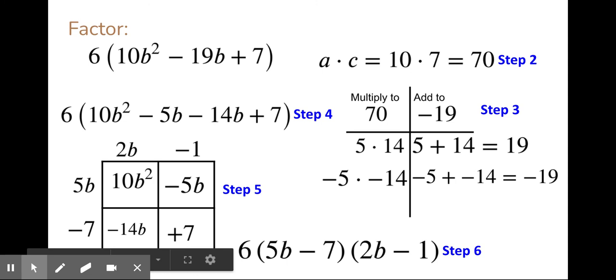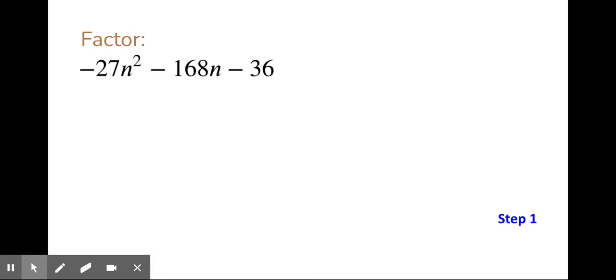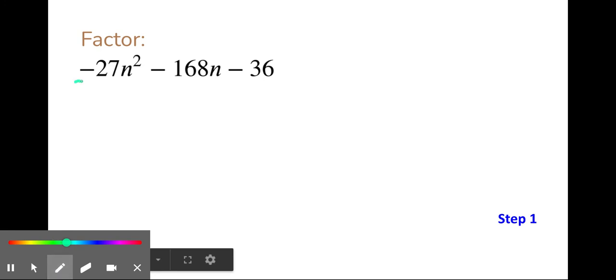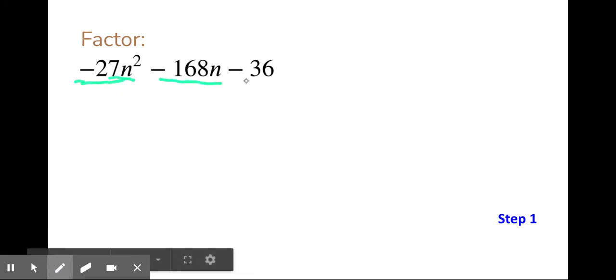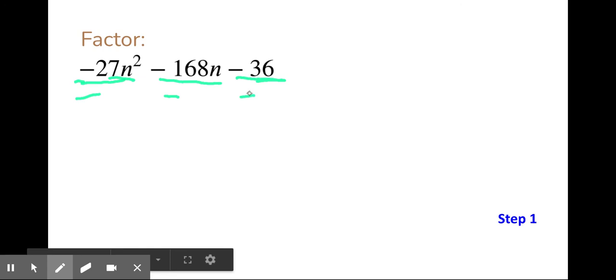Okay, let's move on to the last example. In the last example, our first term is negative. So whenever there's a negative with your first term, you have to divide all of your numbers by a negative.